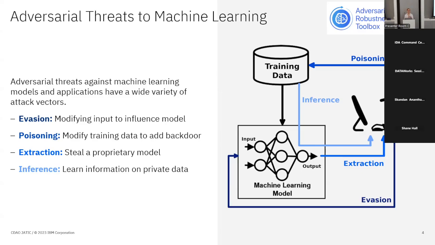And then there are inference attacks, in which a similar kind of probing can be used to reverse engineer the data that the model was trained on, which can be obviously problematic if it was trained on sensitive data that the owners of the model don't want out into the world.